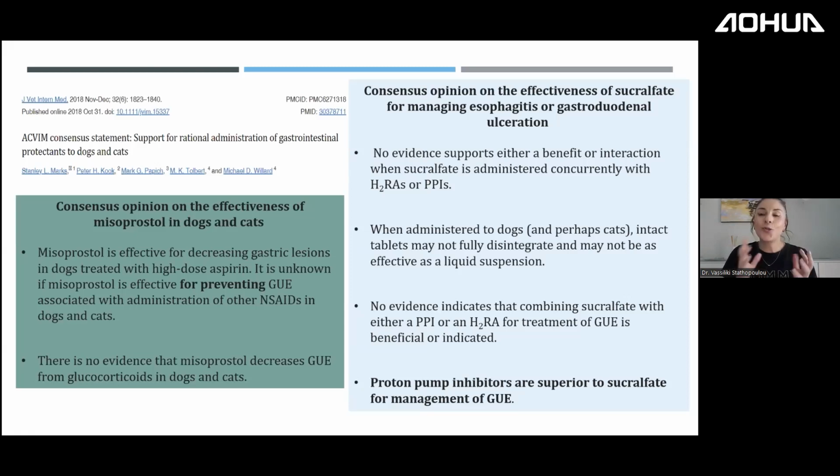I tend to use sucralfate plus PPIs with a half an hour gap in between, but the evidence shows that proton pump inhibitors are superior to sucralfate for the management, and that we don't need to use them in combination. I'm only giving you the facts, and we have to comply with the facts.